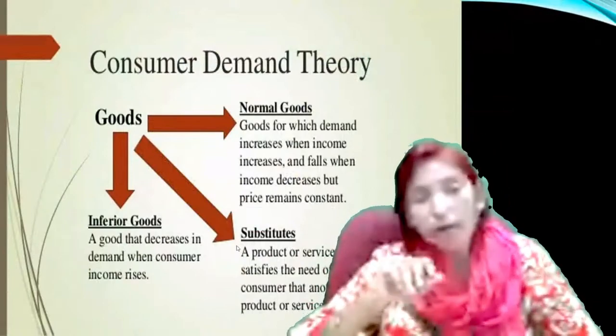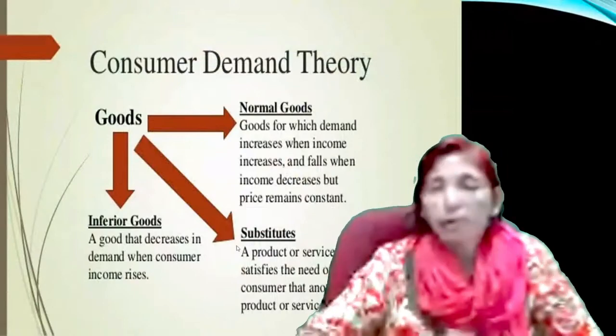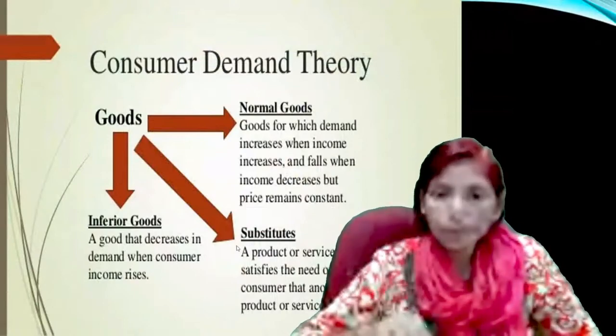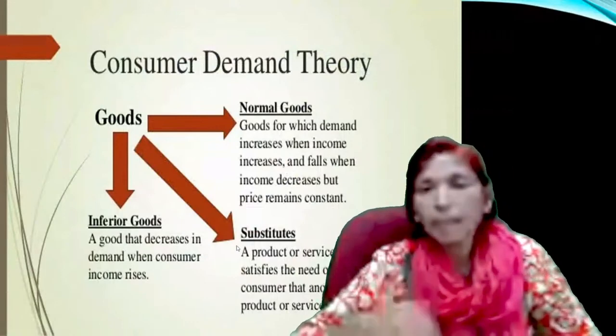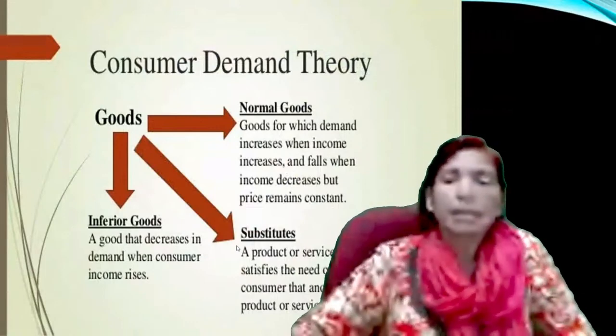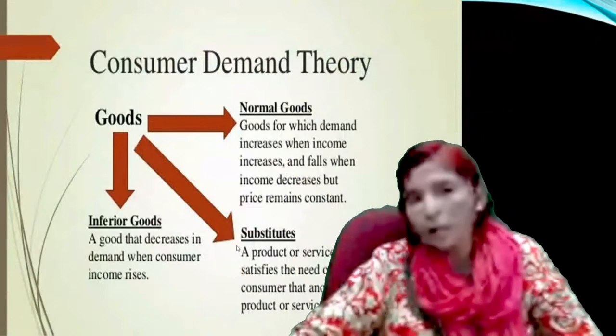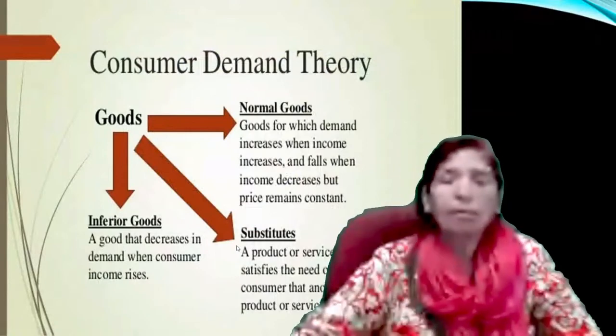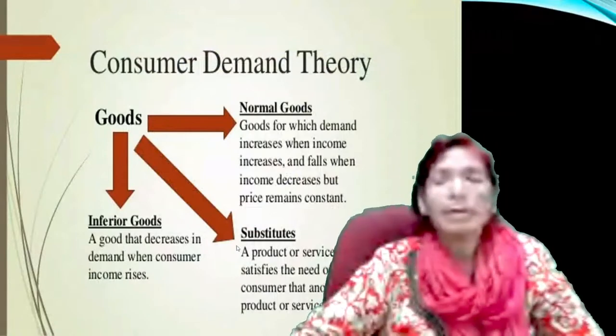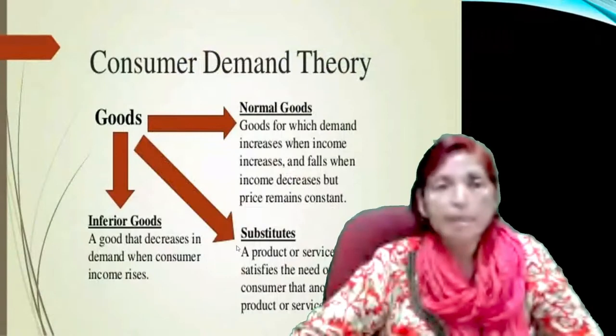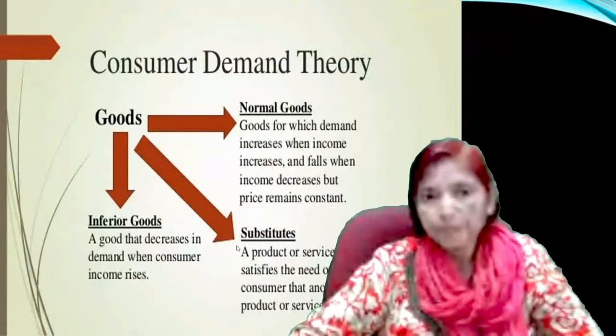Now next is normal goods. Normal goods are those goods whose demand increases when income increases and demand falls when income falls, but price remains constant. Price will not change.